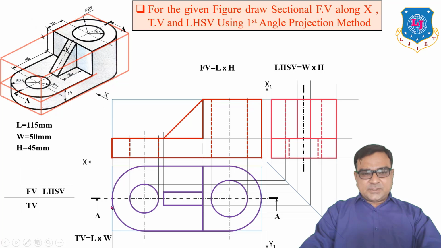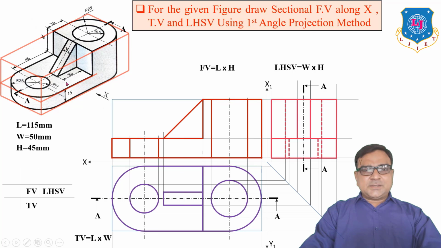The cutting plane is shown in the top view as AA, and in the left hand side view also AA. Now in the sectional front view, this hidden line becomes full and this hidden line also becomes full.